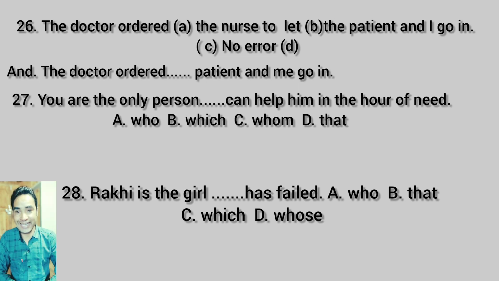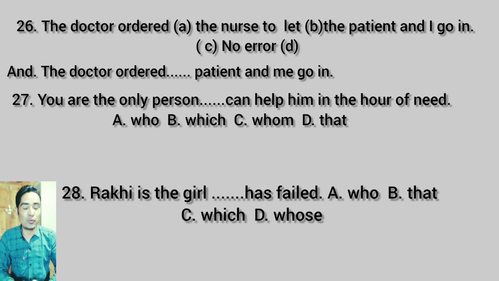Question number 28. Rakhi is the girl dash has failed. Now, A, who; B, that; C, which; D, whose. Which one is the correct answer? As you know, who is used as a relative pronoun for human beings in the subjective case. That is used for human and non-human beings when there are many options, or when some words are antecedents, as I taught you in the very last question of this practice set.